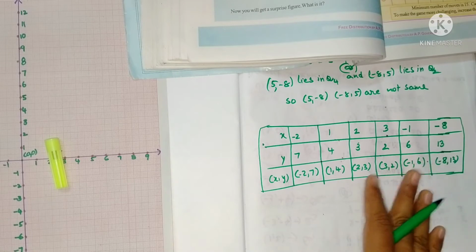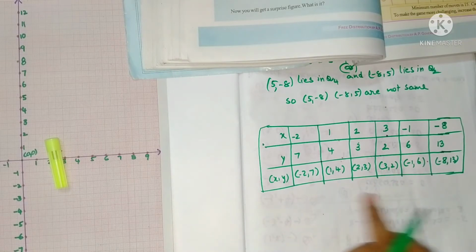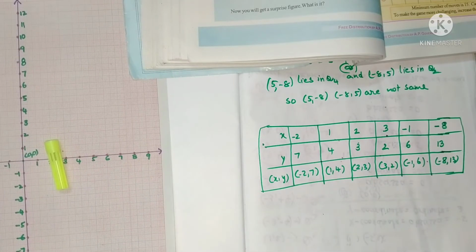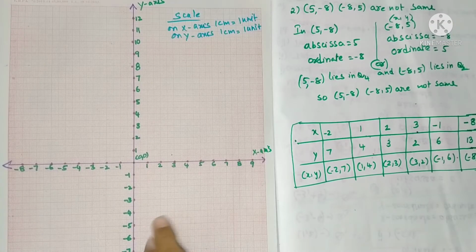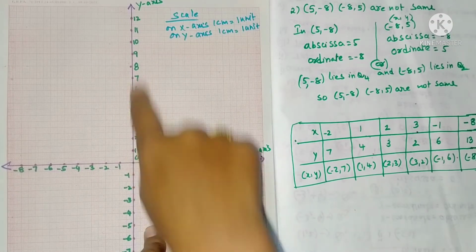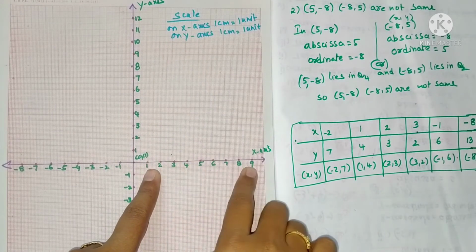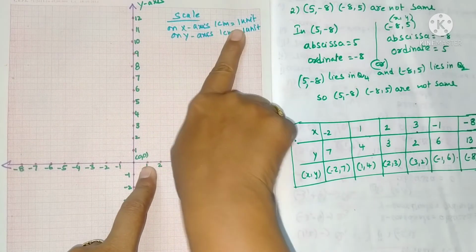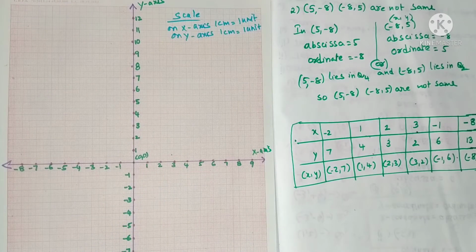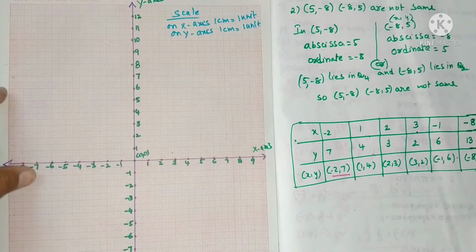Okay. Now we want to represent all these points on the graph. So take the graph paper. This is x-axis and y-axis, and we wrote the scale also. 1 centimeter gap. So 1 centimeter equals to 1 unit. Okay. Now first point minus 2 comma 7.